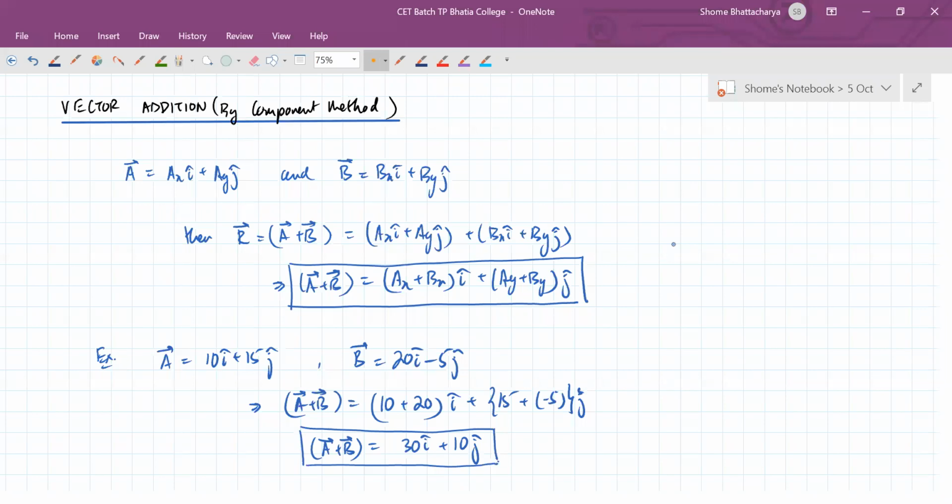Similarly, we can take i cap and j cap common over here. Okay, people. So hope this is clear.